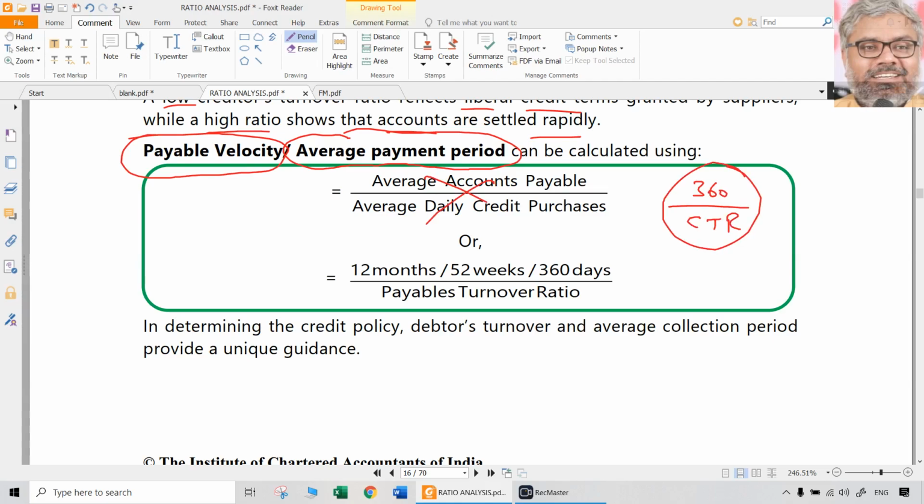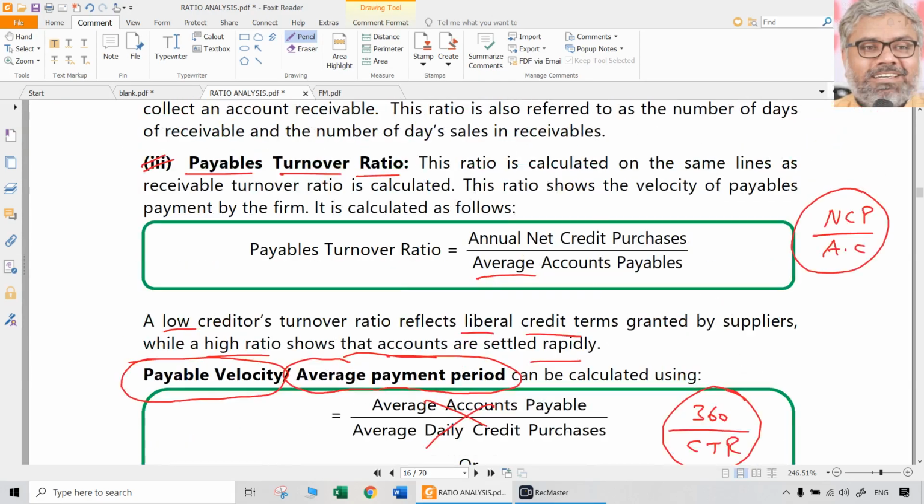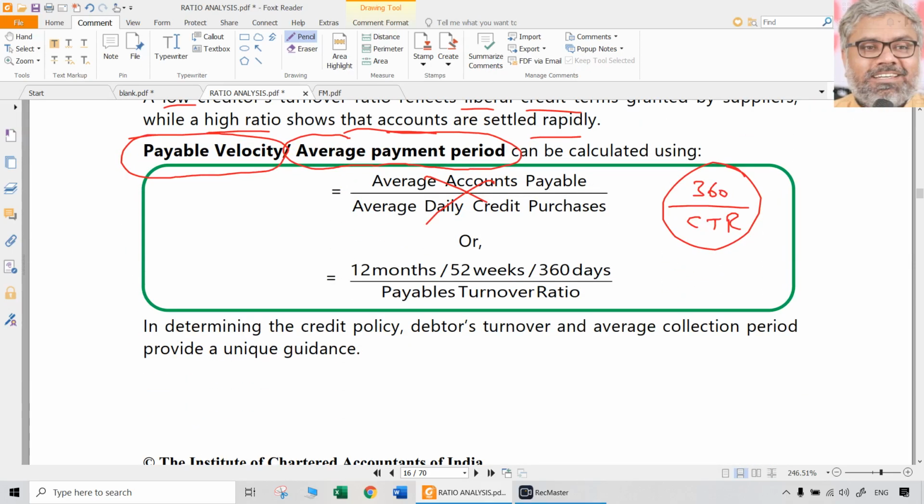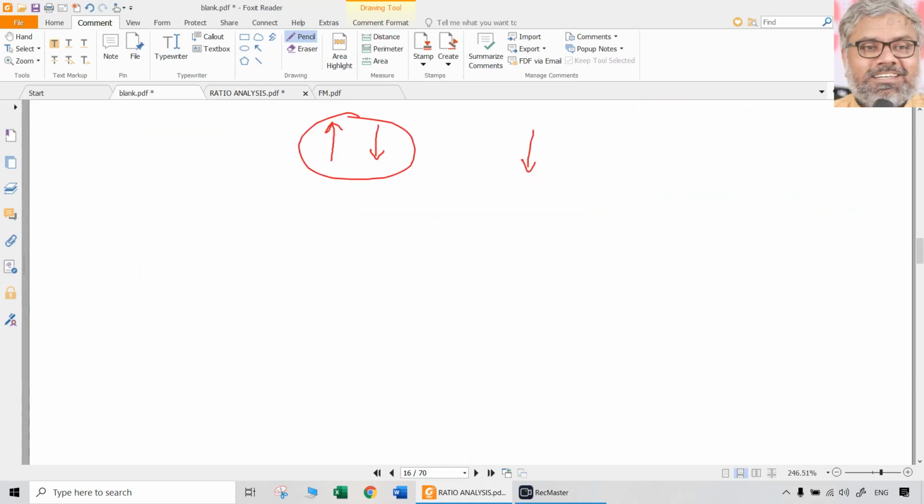Don't use the other one, it is unnecessary and gives more calculations. Since you can easily calculate creditors turnover ratio, you first calculate that, then substitute here. 360 divided by creditors turnover ratio will give the number of days within which you are paying the creditors.